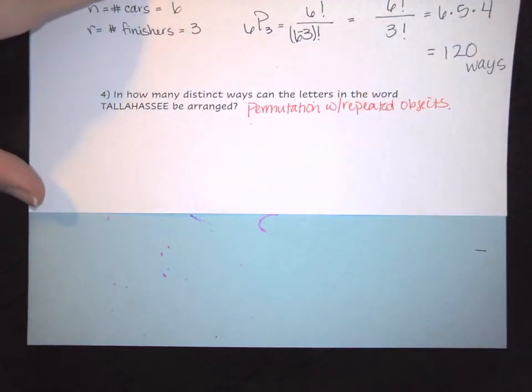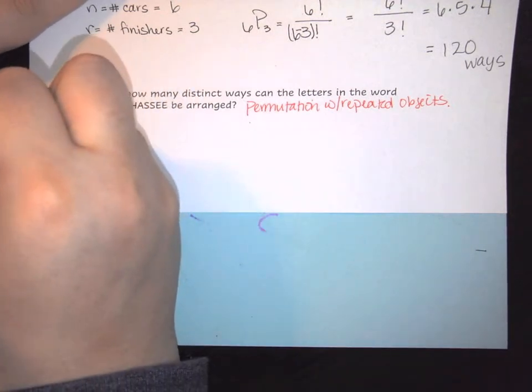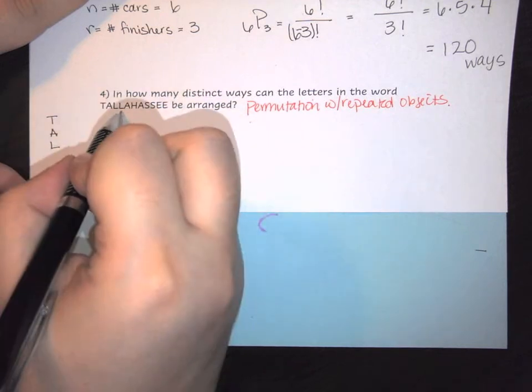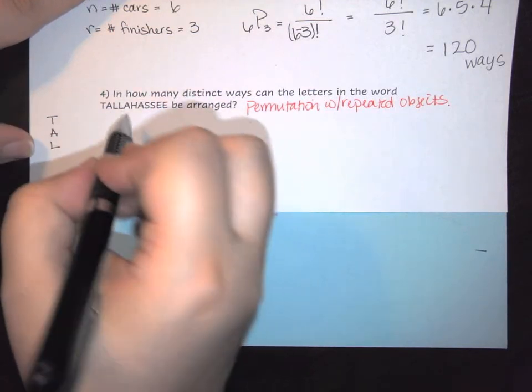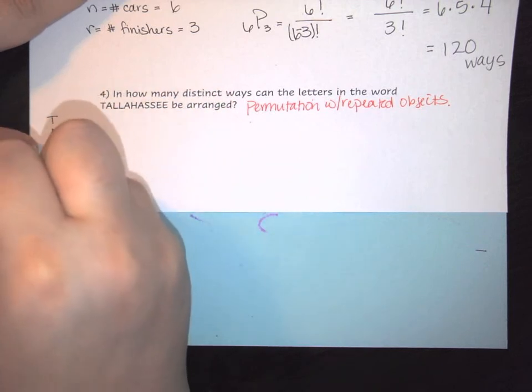Because of that, the first thing we want to do is start listing out our letters. So I have a T, an A, an L, an L, so I'm not going to write it again, A, an H, A, an S, and an E.